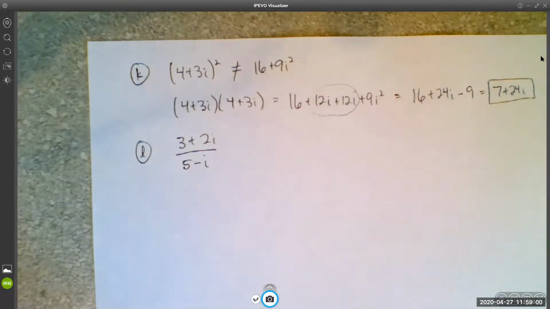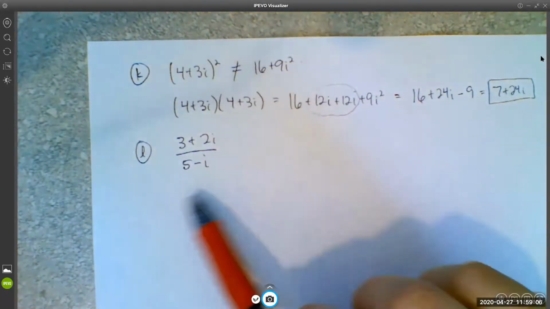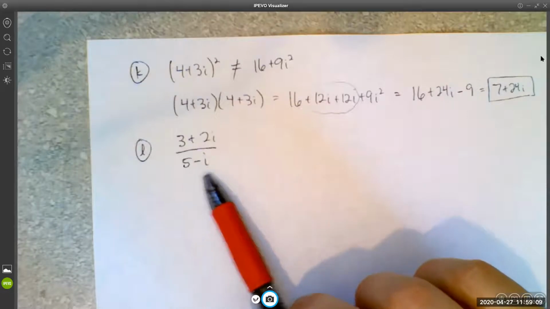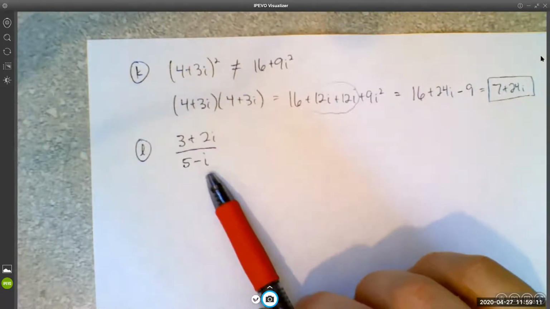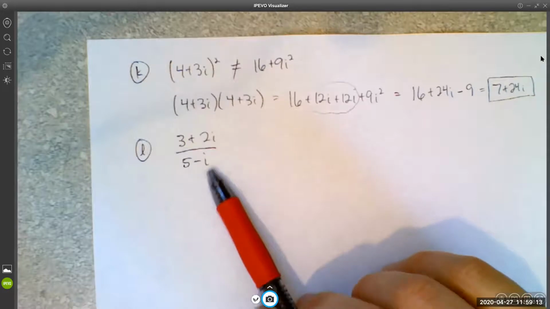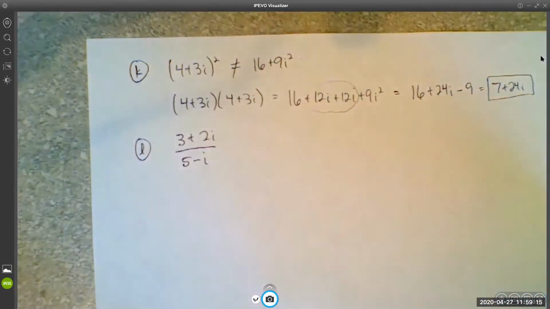The reason we multiply by the conjugate is that the imaginary part will disappear, and then you'll just have a real number in the denominator. Once you have just a real number in the denominator, you can split the numerator so that you end up with your answer in the form a plus bi.